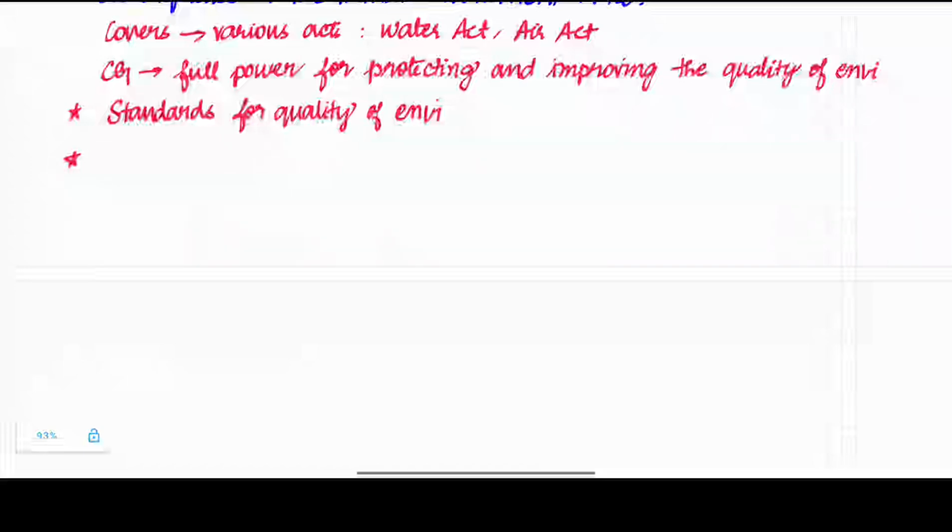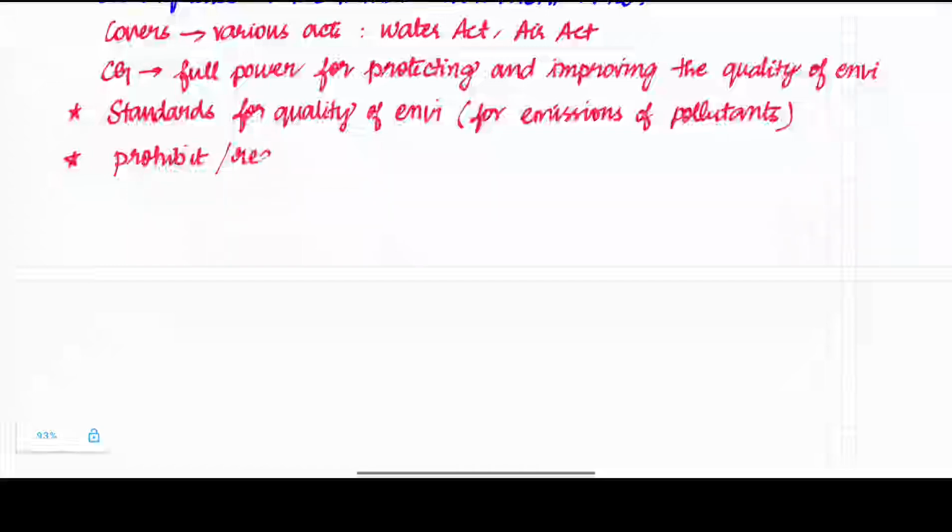Then we have standards for the emissions of pollutants. It is to prohibit or regulate industries.